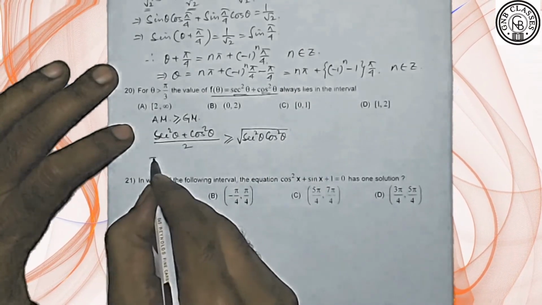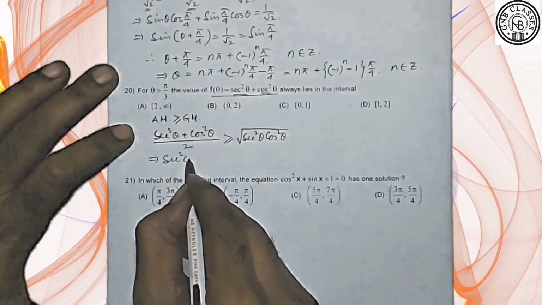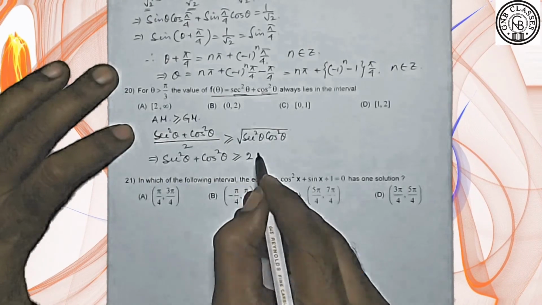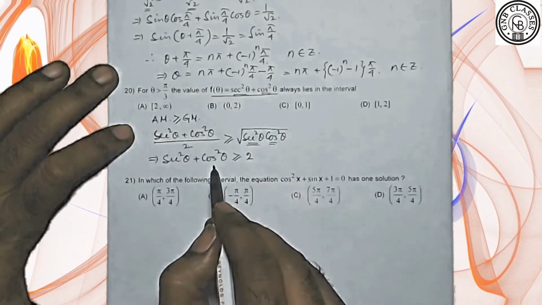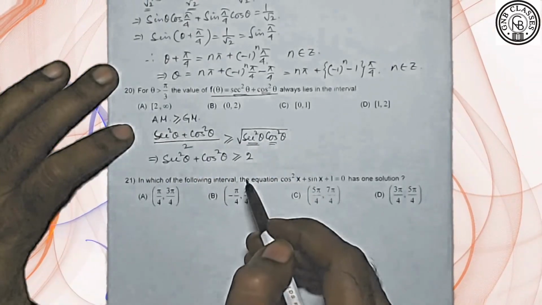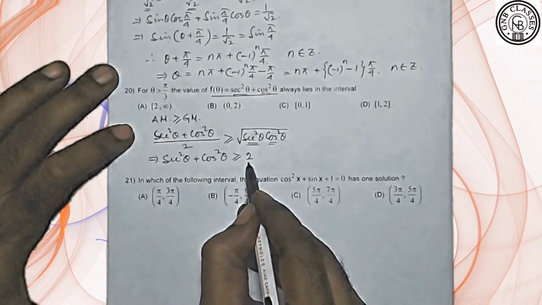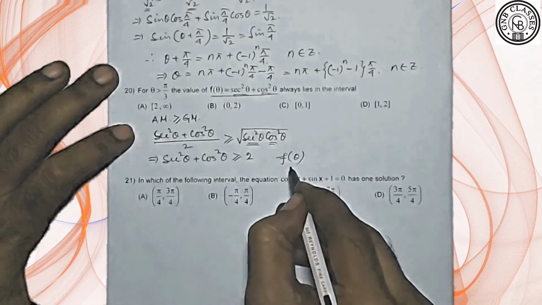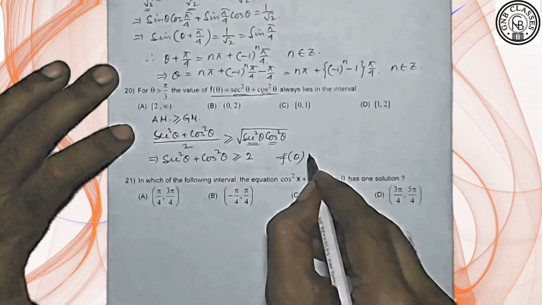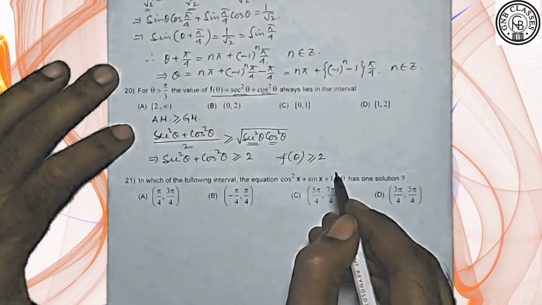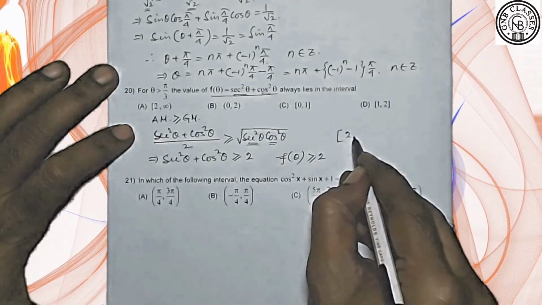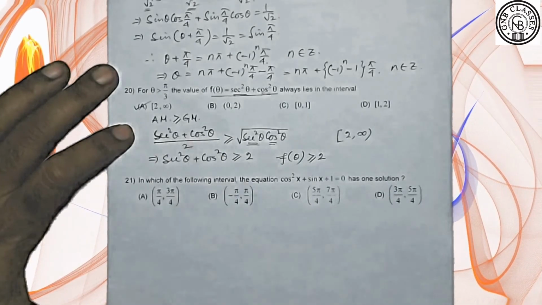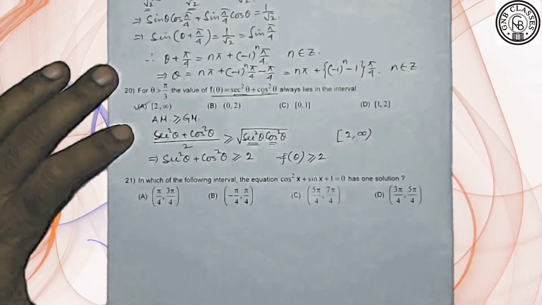Is it clear? That implies sec square theta plus cos square theta is greater than equals to 2, because sec square theta into cos square theta will give you 1, and if I cross multiply 2 we are going to have greater than equals to 2. Therefore, the given expression f theta is always greater than equals to 2. Therefore, the required interval is 2 to infinity. Is it clear? Hence option A is correct. Is it clear? Okay.